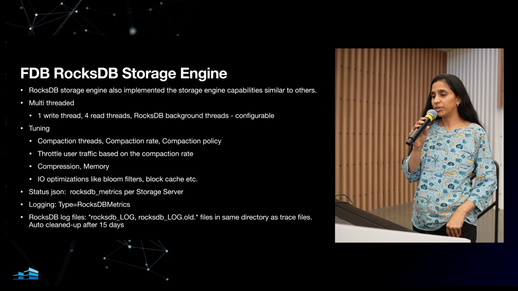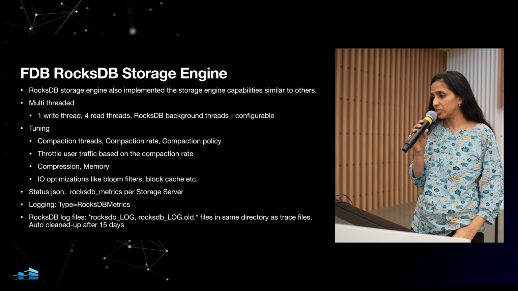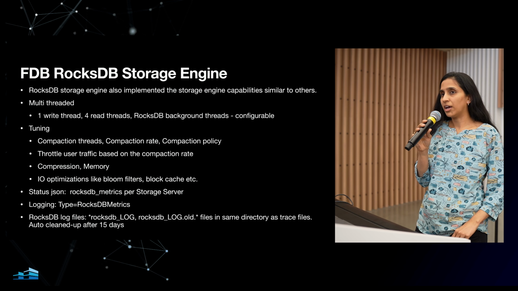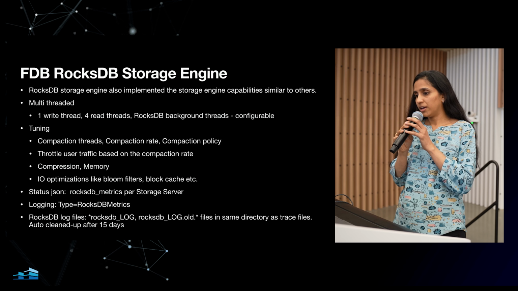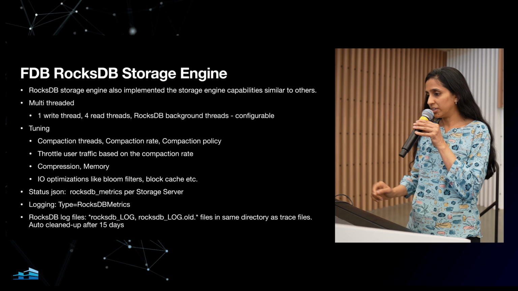We have these metrics available in status.json, which is a client API to collect the metrics. And we also have trace events with type equal to RocksDB metrics. Apart from that, we also have several log files specifically containing detailed RocksDB information in the same directory as FDB trace files, and these are auto-cleaned up after 15 days.